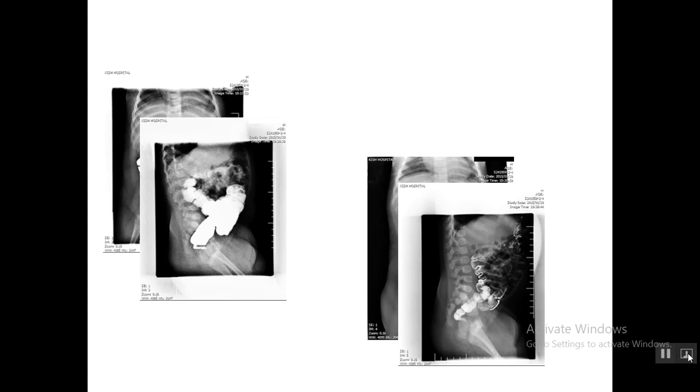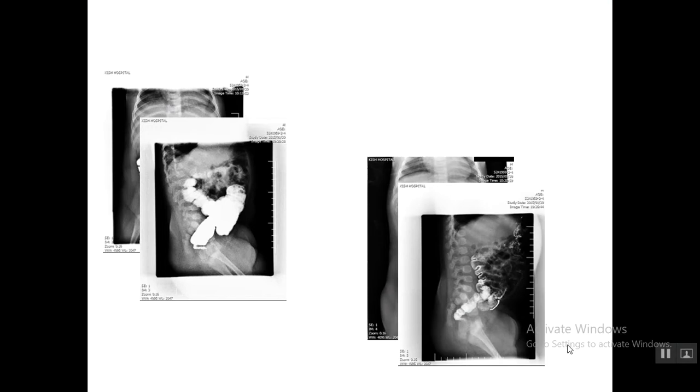Normally, as you know, after 24 hours of a barium contrast study of the large bowel, if we take another X-ray, we usually expect the bowel loop to be clear, except for the appendix.